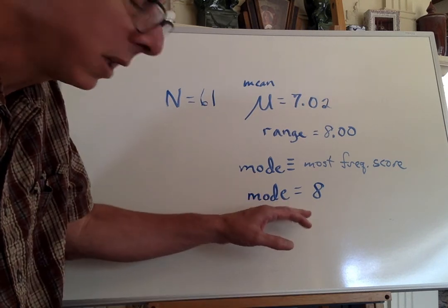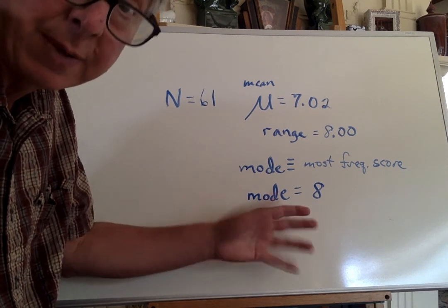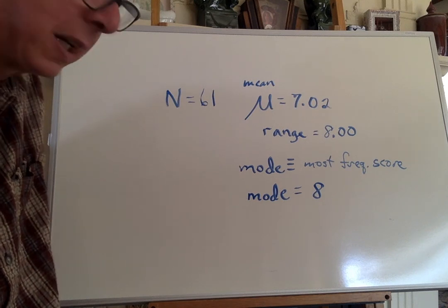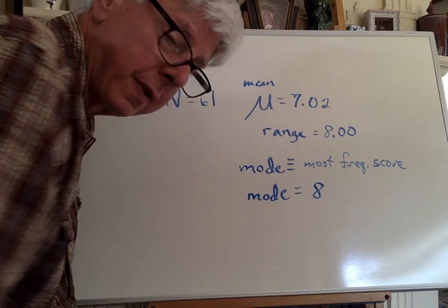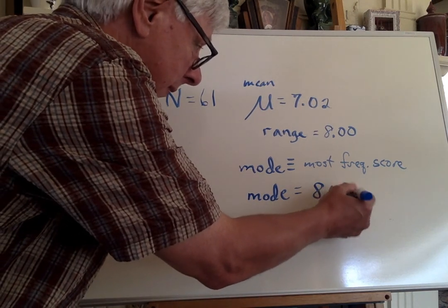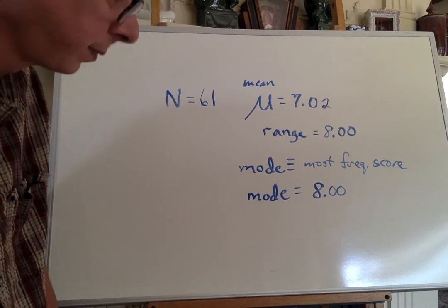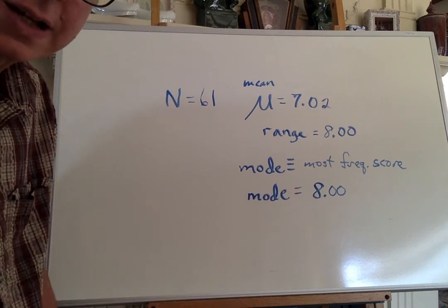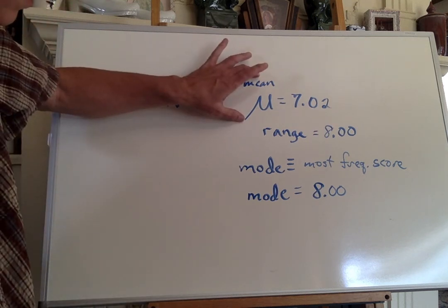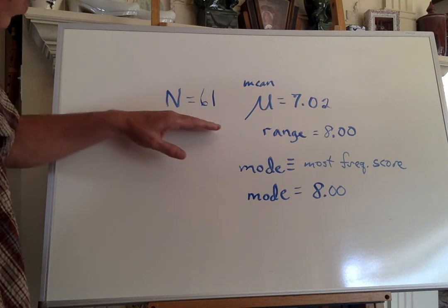This is not a calculated score. This is the actual most common score, or most common happiness level. So technically it's 8, but this is how important I think going to 2 decimal places is. If you put that down, I'm okay with that. Technically it's 8, okay? So mean, mode, range, number of subjects.